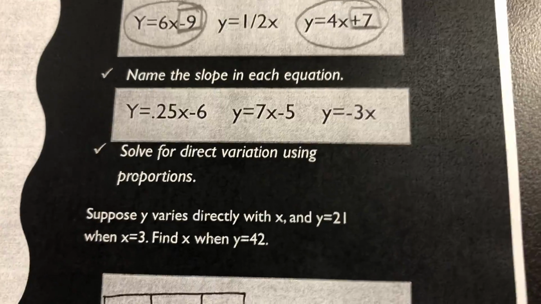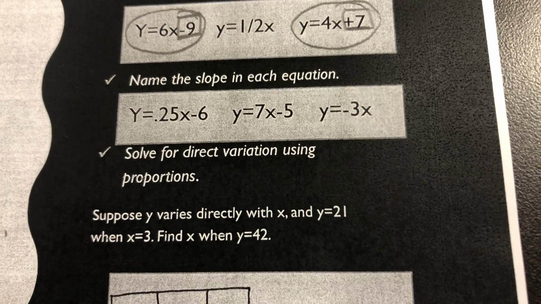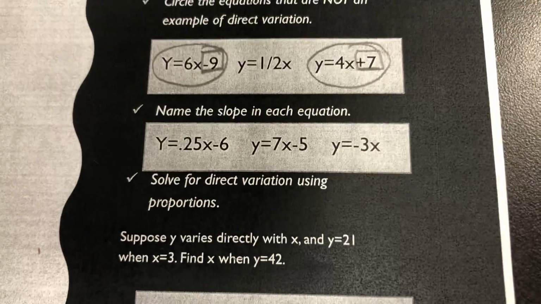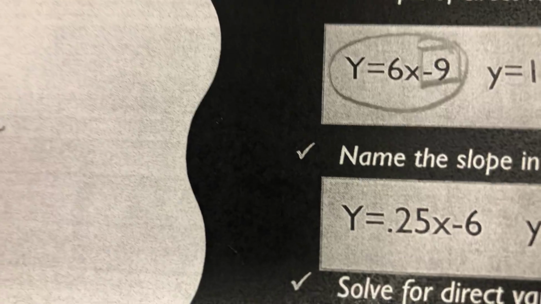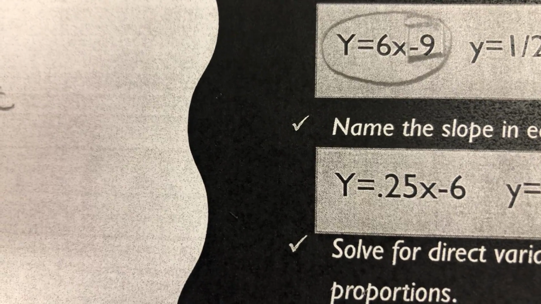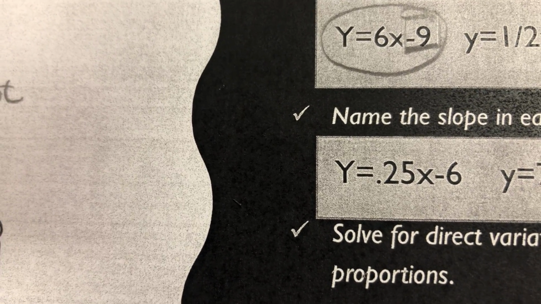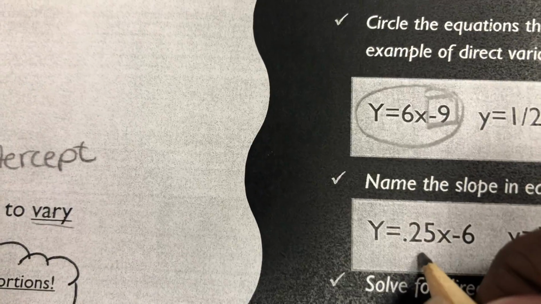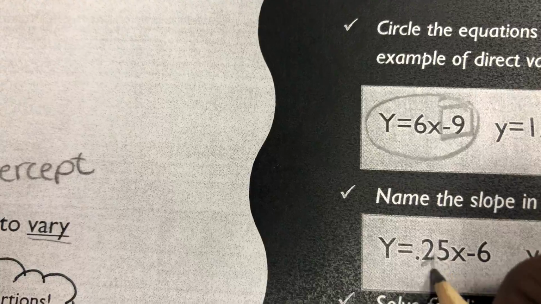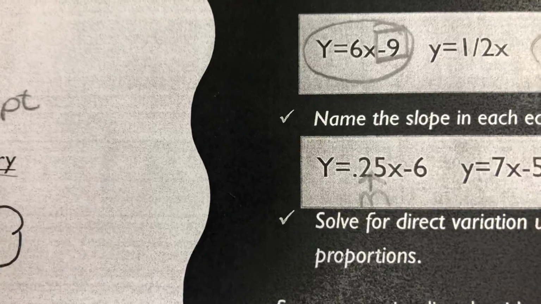Now, second thing, we have to name the slope in each equation. All right, so which numbers are going to be the slopes in these three? So let's look at this one first. If you look at y equals 0.25x minus 6, which number is going to be the slope? It's going to have to be this 0.25. There's your slope.